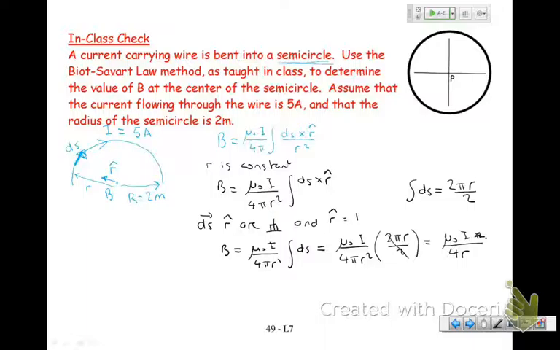So that's that. B is equal to, looking at my numbers now, leave the mu naught alone.